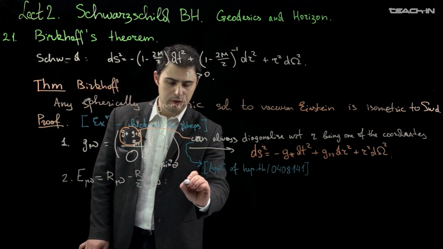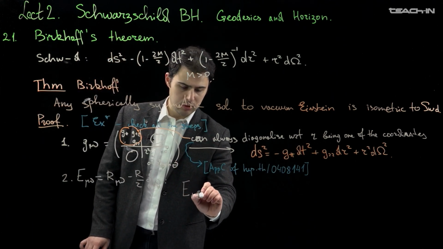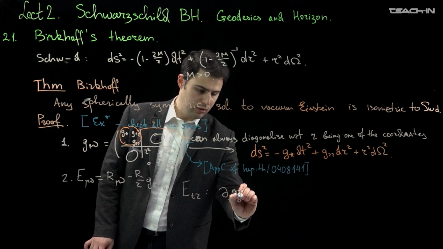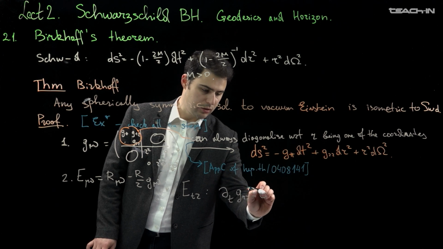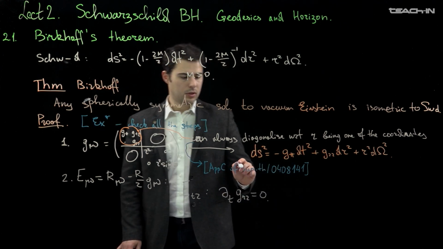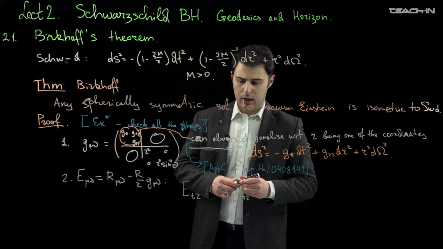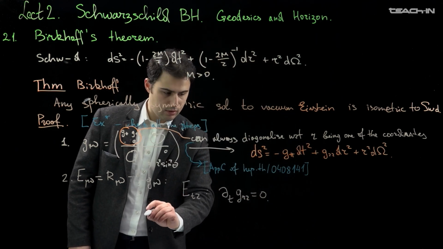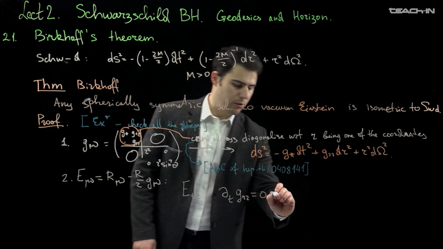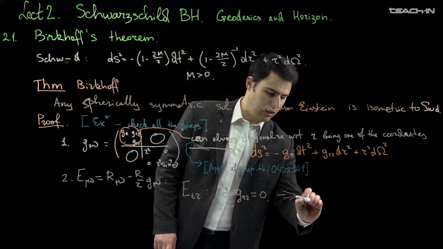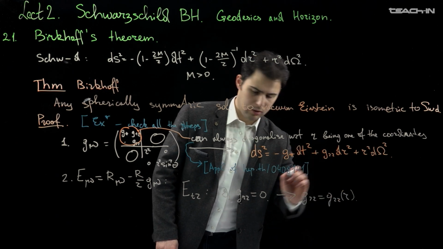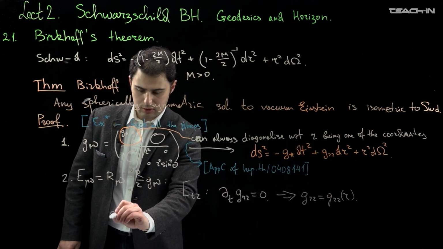The tr component immediately gives us that the time derivative of g_rr is 0. Therefore g_rr is a function of r only.